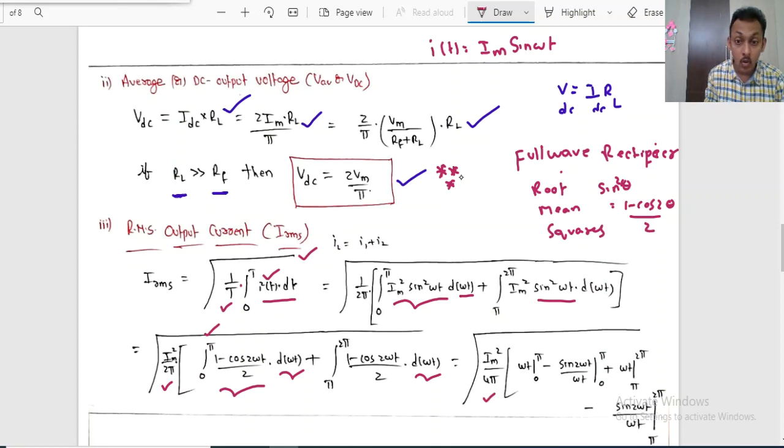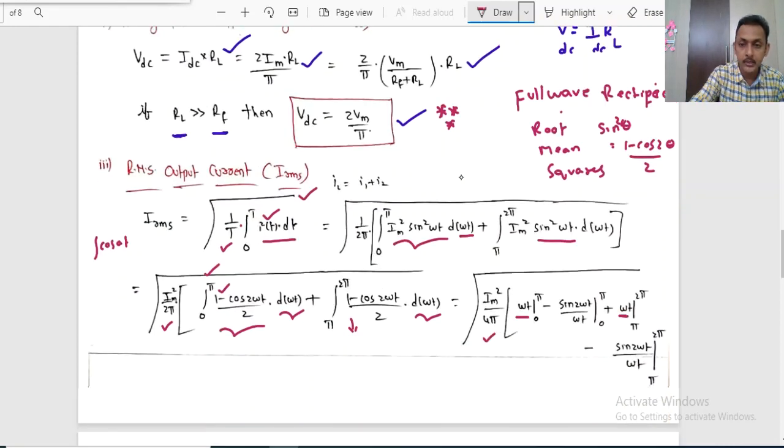The integral of 1 with respect to omega t gives omega t, with limits 0 to pi, minus the integral of cos 2 omega t with respect to d omega t, which gives sin 2 omega t by 2 omega within the limits 0 to pi. Similarly for the limits pi to 2 pi, the integral of 1 gives omega t, and the integral of cos 2 omega t gives sin 2 omega t by 2 omega within the limits pi to 2 pi.